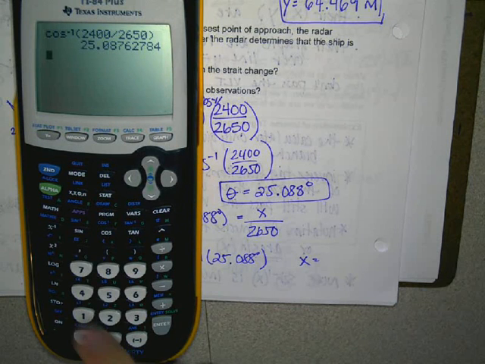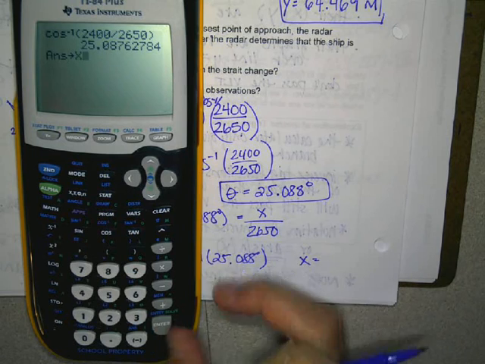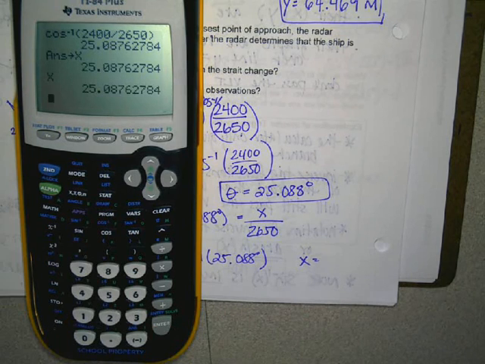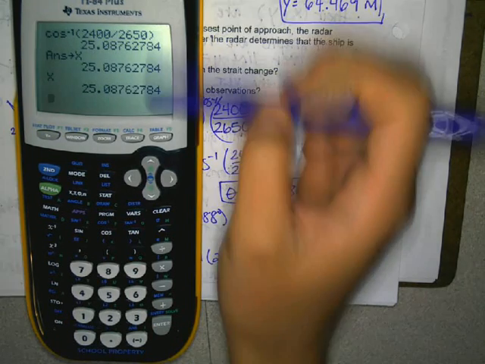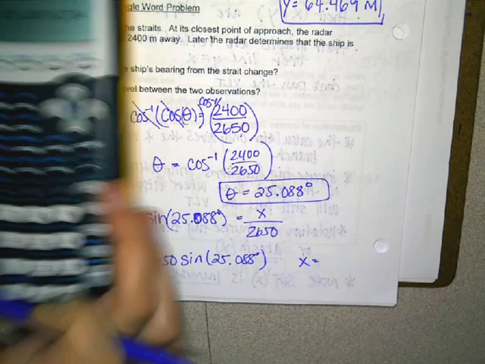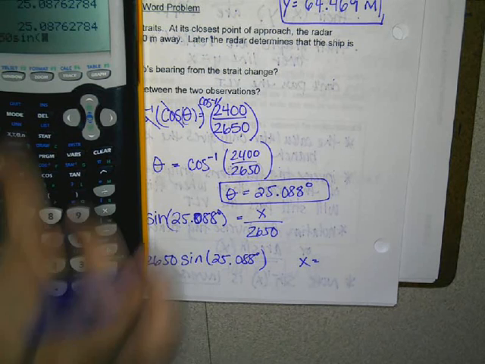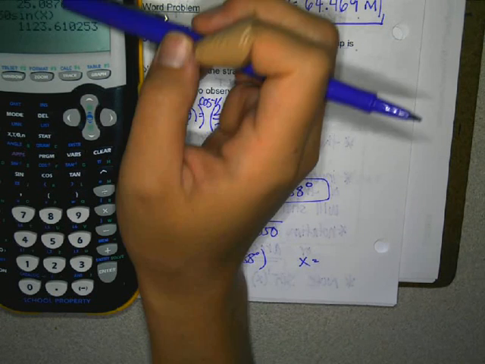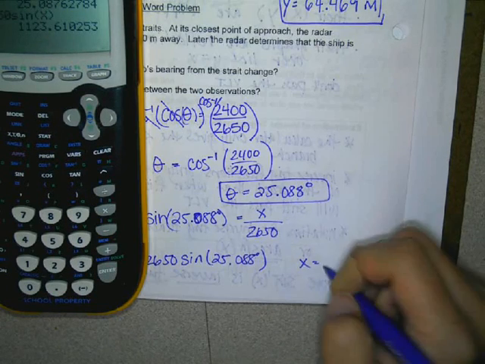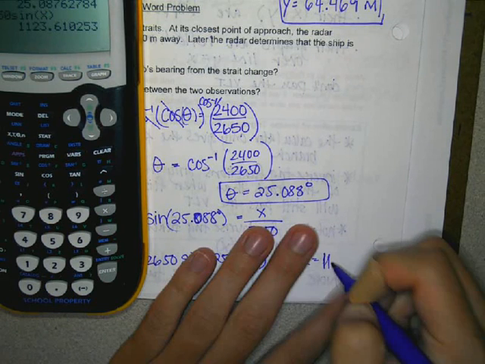So we're going to store it. To store, you hit the store button at the bottom. Then we're going to store it as x. That means whenever I put x in my screen here, it's going to use that decimal as its value. So then we have 2,650 sine of x. Automatically it's going to plug that in for x and give me the correct length.